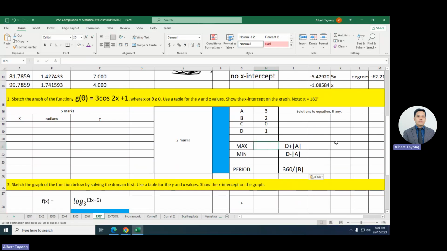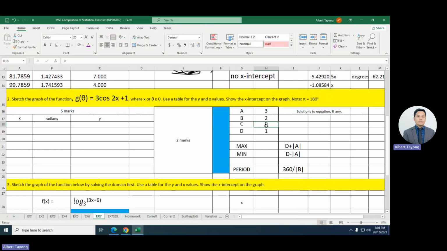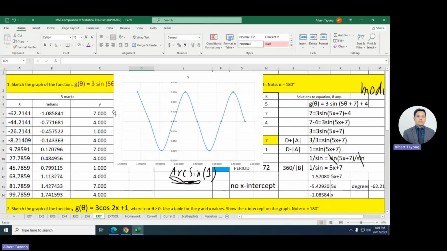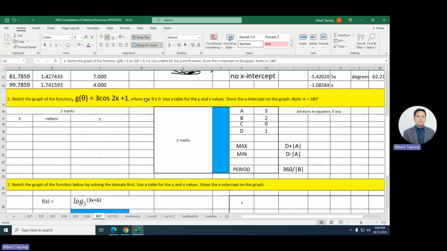How to find the maximum? Our A is 3, our B is 2, C is 0. Why is C 0, Suha? Because we don't have open and close here, right? Here we have open and close, 5 theta plus 7.